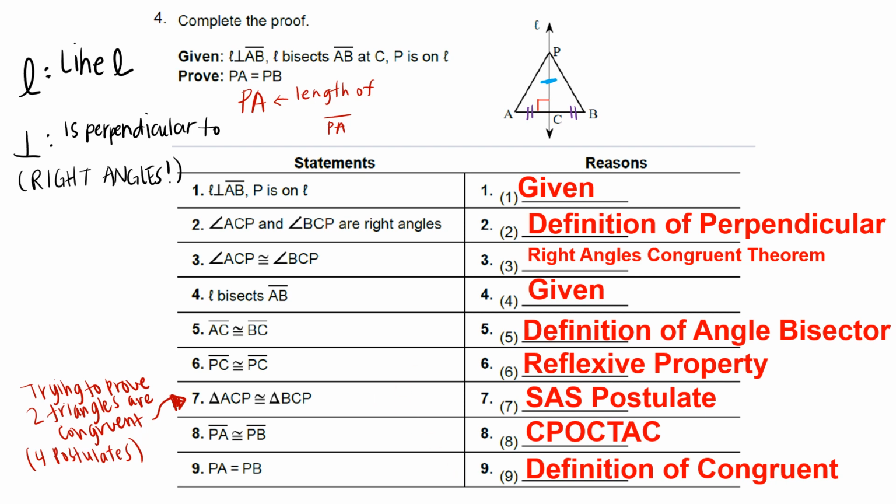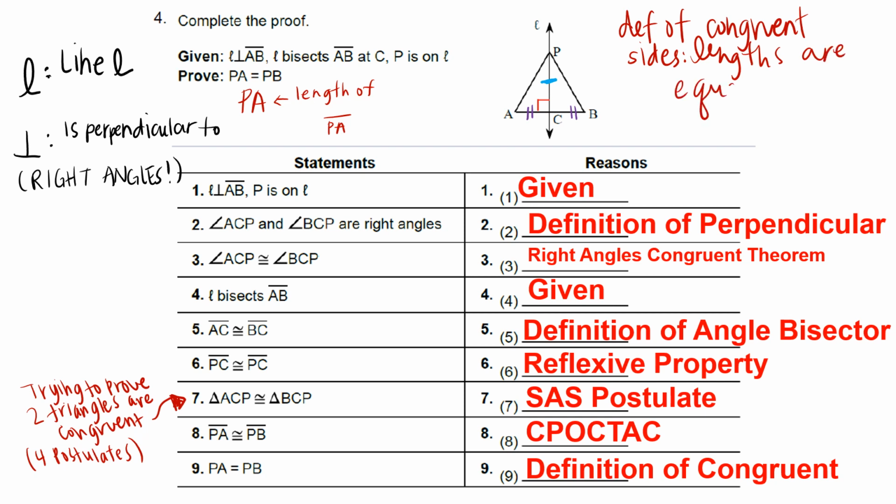So the definition of congruent sides is that their lengths are equal. And for the definition of congruent angles, the angle measures are equal. So by the very definition of congruent, those two side lengths must be equal.